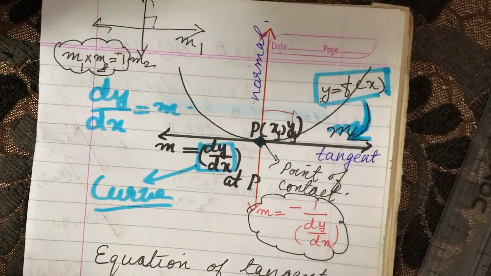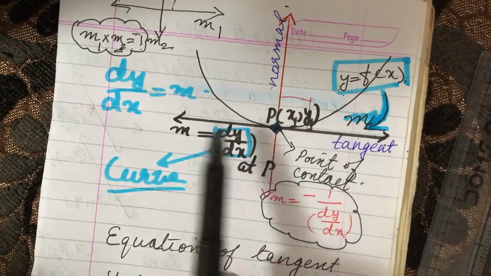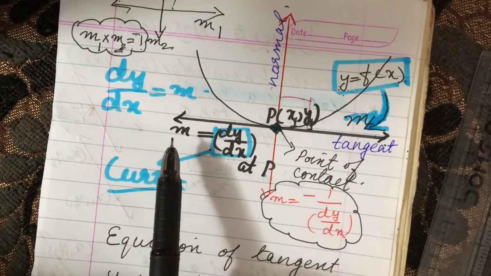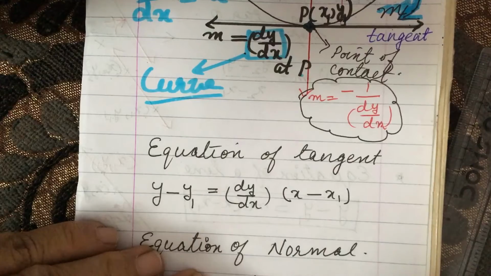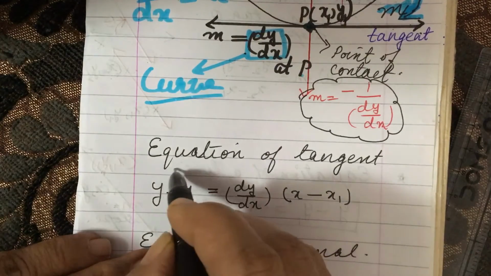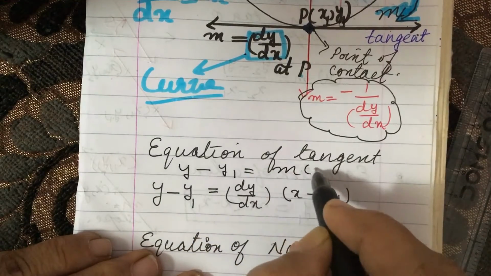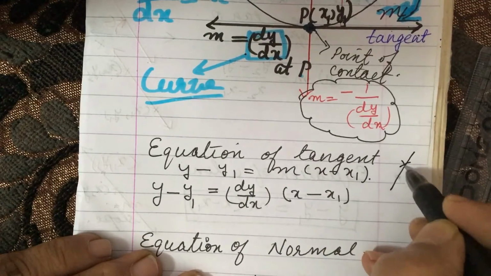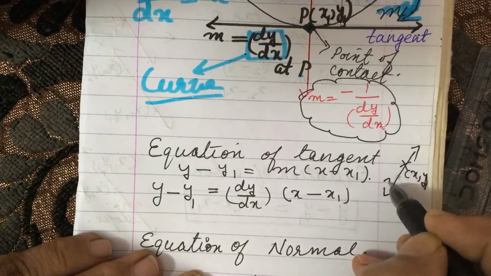Now, how to find the equation of the tangent? To find the equation of the tangent, you should know how to write the equation of a line. Equation of a line is y minus y1 equals m into x minus x1, if the line passes through (x1, y1) and has slope m.